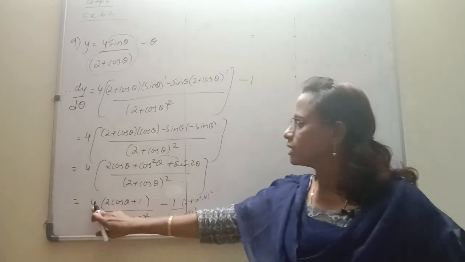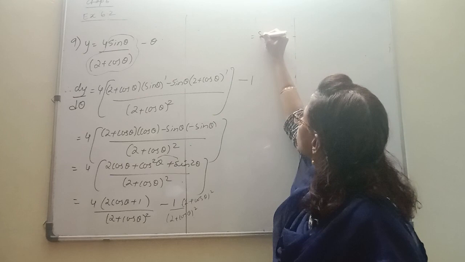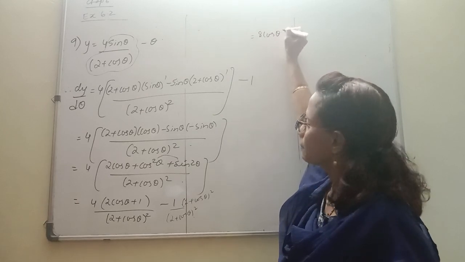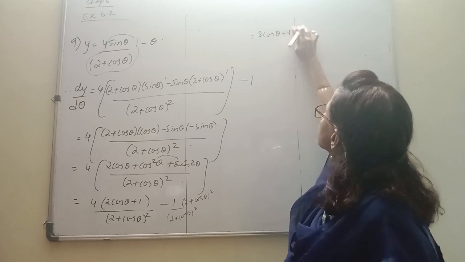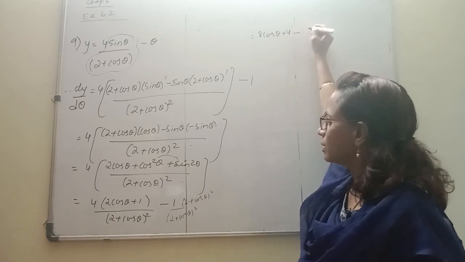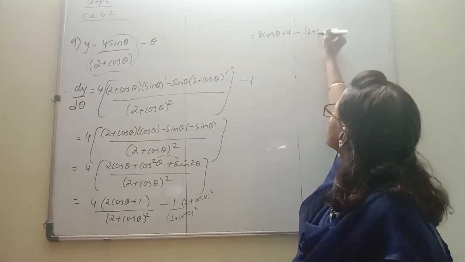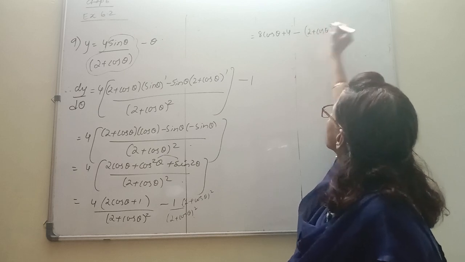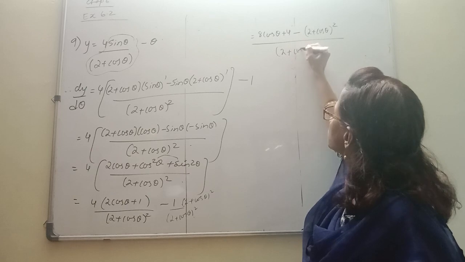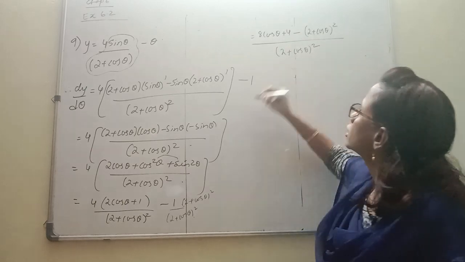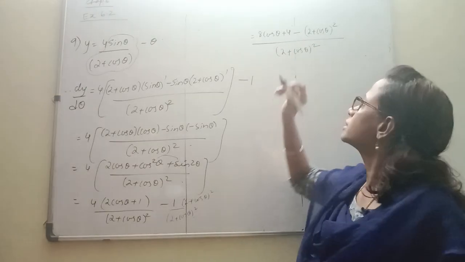Let's open this bracket. 4 into 2, it's 8 cos theta plus 4, minus 2 plus cos theta whole squared by, we have equalized the denominator, so the denominator now is 2 plus cos theta the whole squared. So when we try to open it up, let's see what comes up.